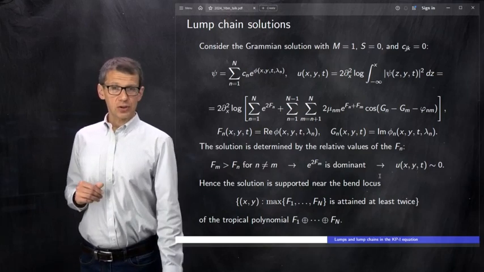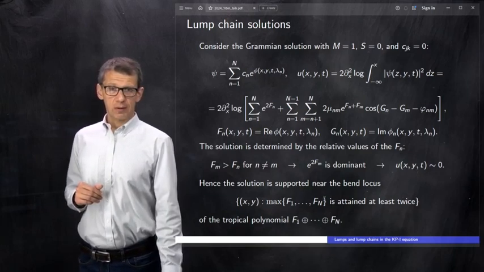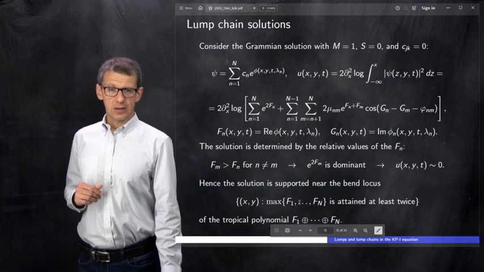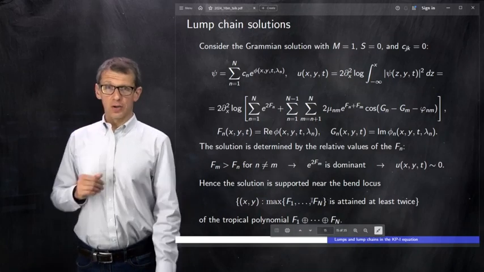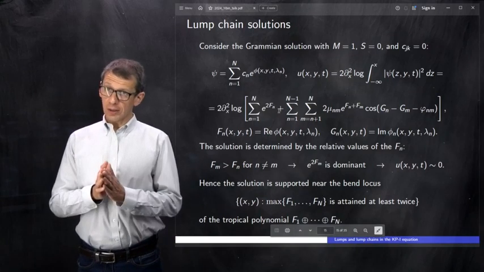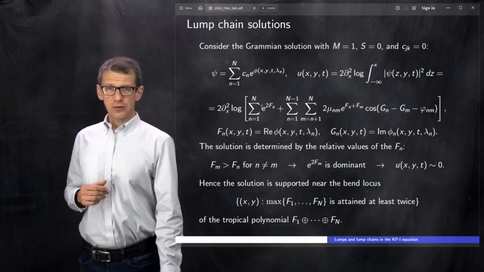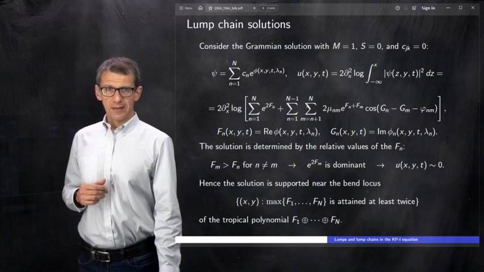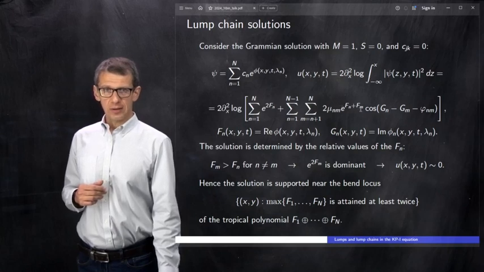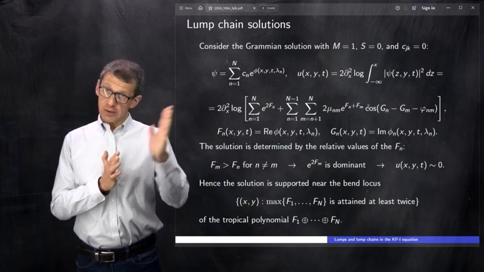So again, the solution is supported near the bend locus of a tropical polynomial, that is to say, near the set of points where 2 of these exponentials are equal and are larger than all others. But now if 2 of these exponentials are equal, say f_m equals f_n, then it's also approximately the same value as a corresponding term with a trigonometric modifier.